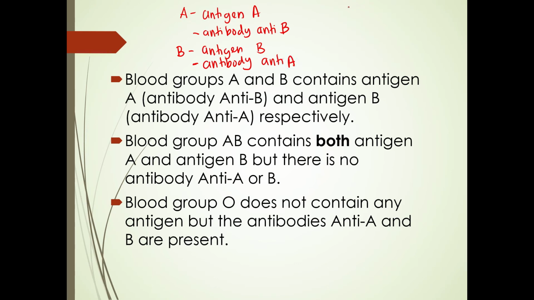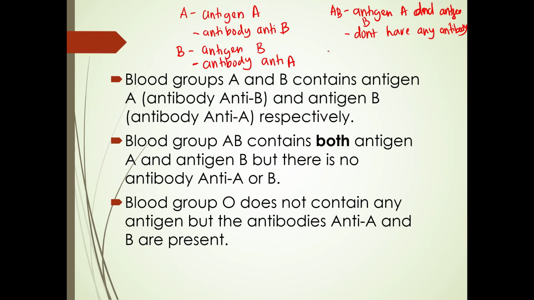How about AB blood? AB blood has both antigen A and antigen B, but they don't have any antibody, meaning no antibody anti-B and no antibody anti-A.